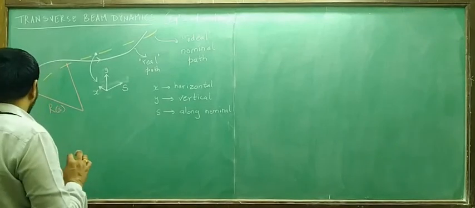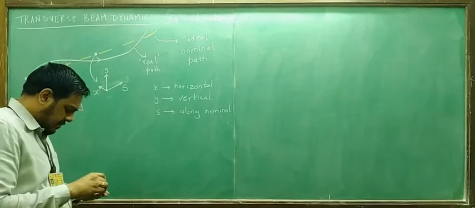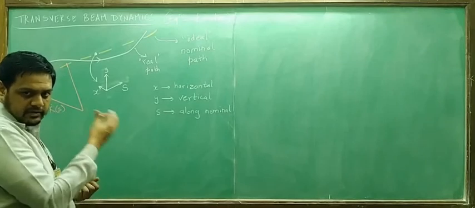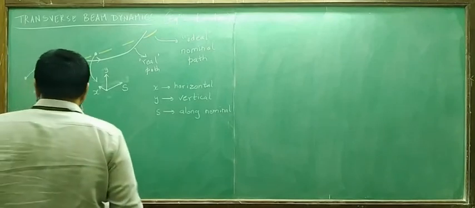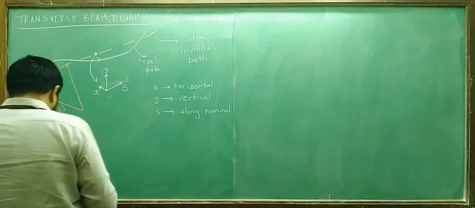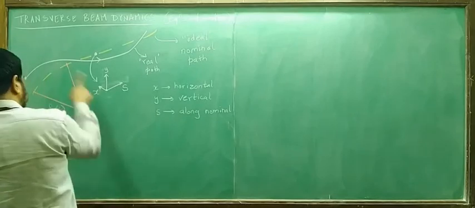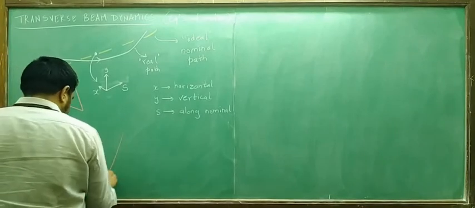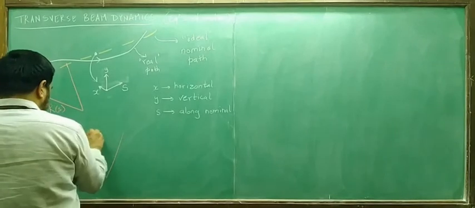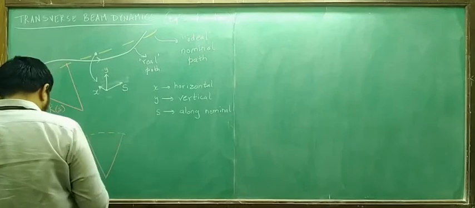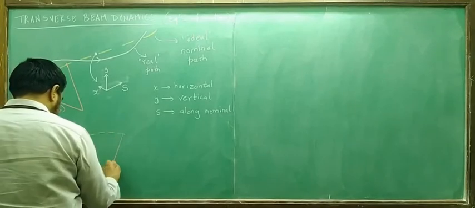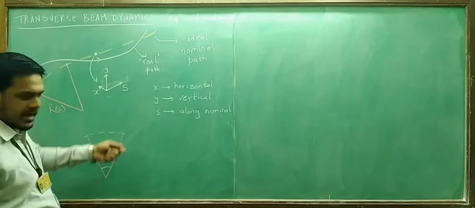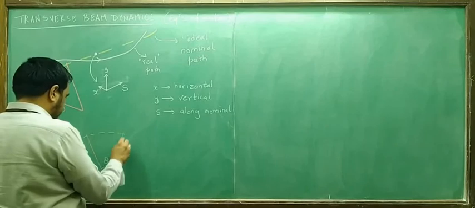Now, we will try to do a small sub-derivation which we are going to need during the actual discussion, which is going to proceed as follows. Just take this picture. You have a particular section of accelerator in which the nominal trajectory is bending through an angle, let us call it theta, with a radius of curvature r.